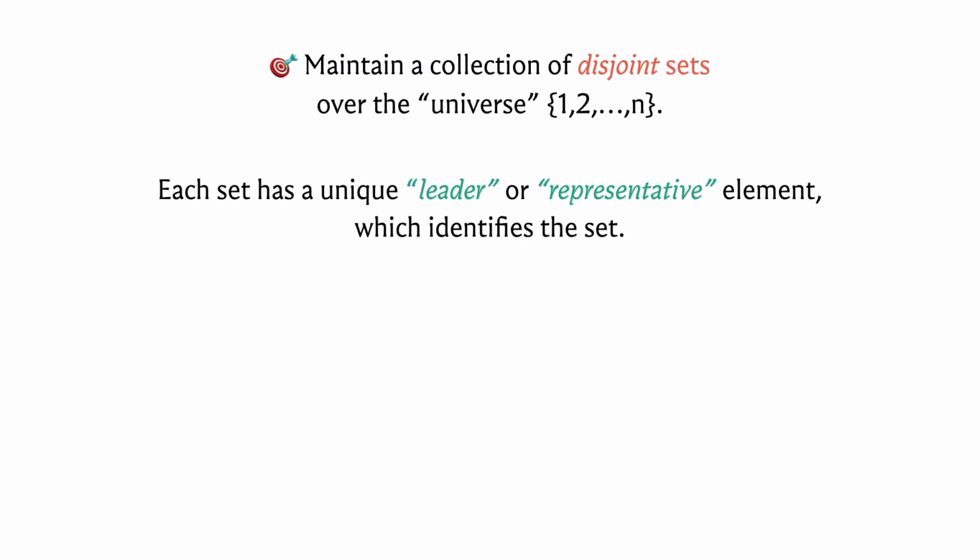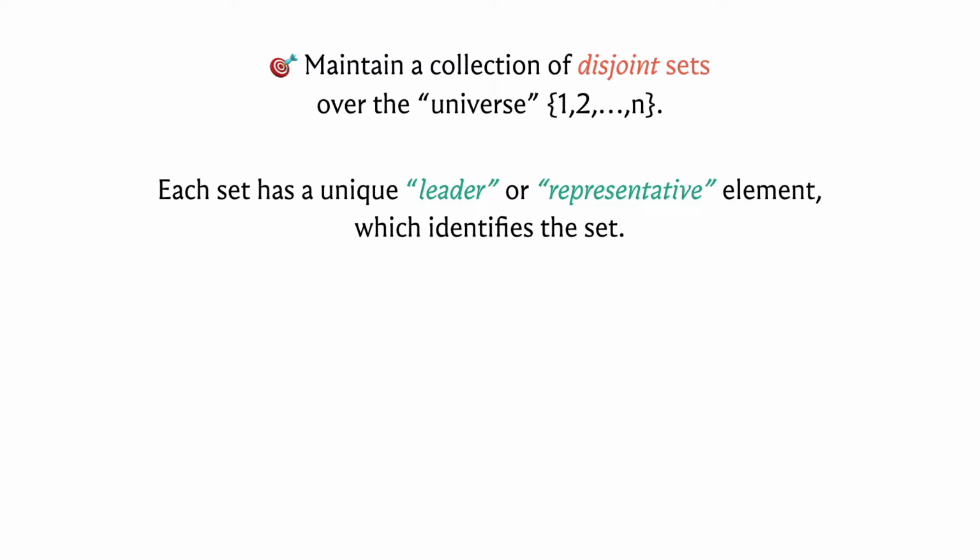Now, each of these sets is represented by what is usually called a leader element. Sometimes it's also just called a representative element. So just think of each set as being labeled by one of the elements in that set. So if I want to talk about a specific set in this collection, I will be able to point to it, or I will be able to talk about it by simply specifying its leader element.